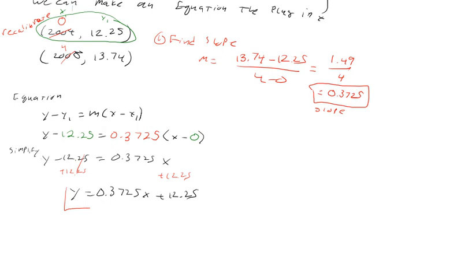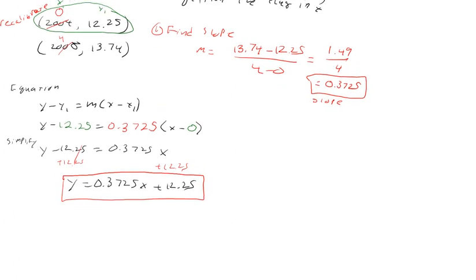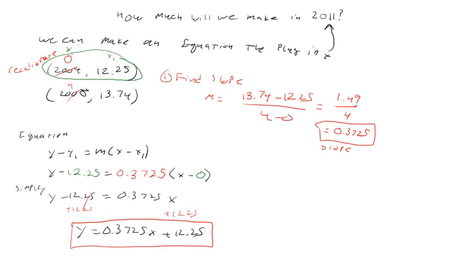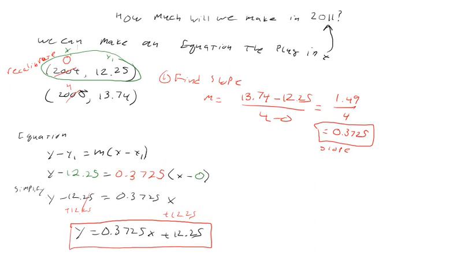This is going to be used to predict what I want for my sales. X is the year, and y are my sales, how much money I made. So we want to know what it is in 2011.